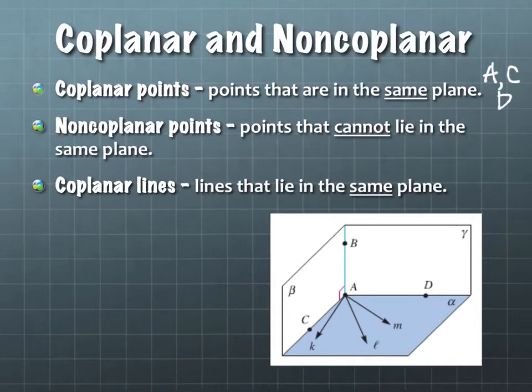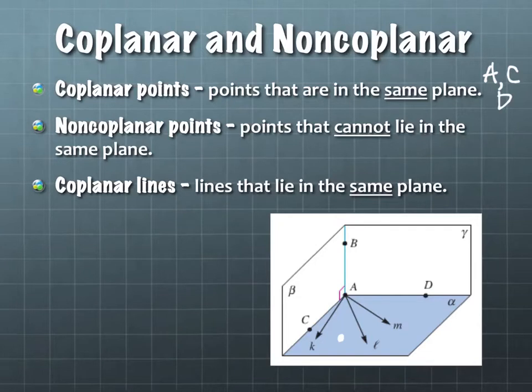Now, I don't have a lot of extra points listed on my description here, but it's actually true that anytime I take 3 points, they have to all lie on the same plane. But once I extend that definition to having 4 points, it doesn't have to be true any longer. Now, if there were some additional point down here in the middle of the blue plane, that white dot that I just made, that would also be coplanar with the ones that I already created, right?